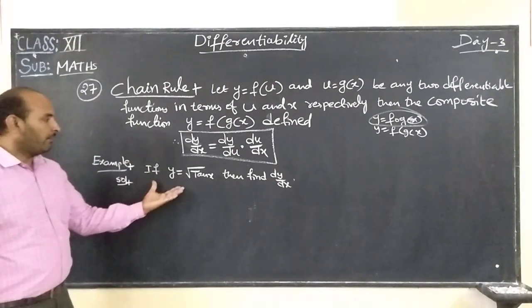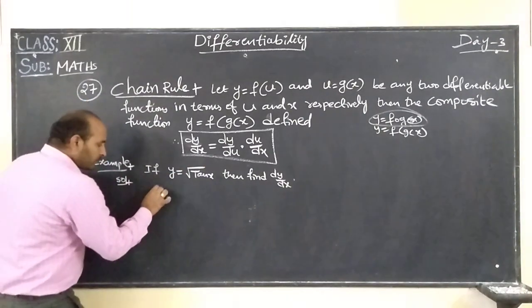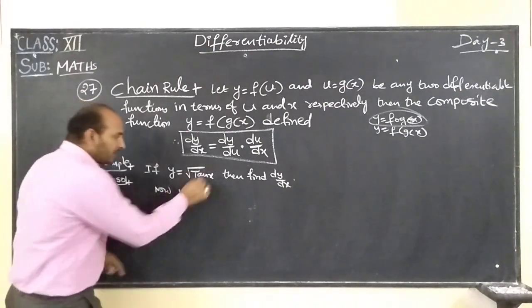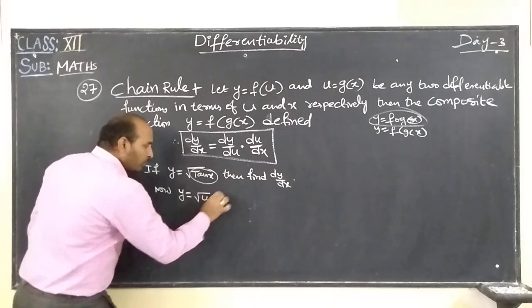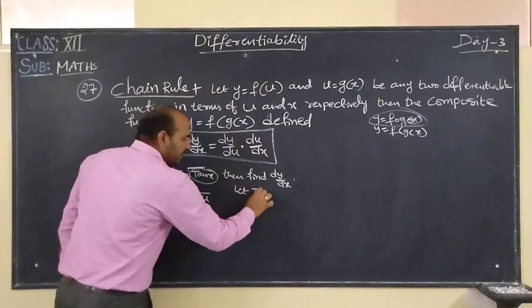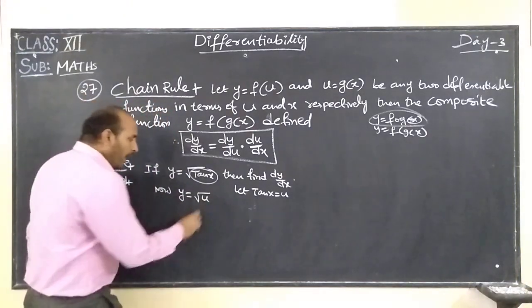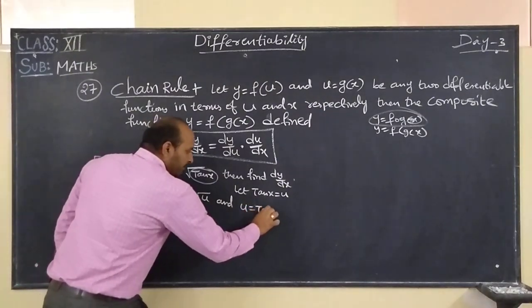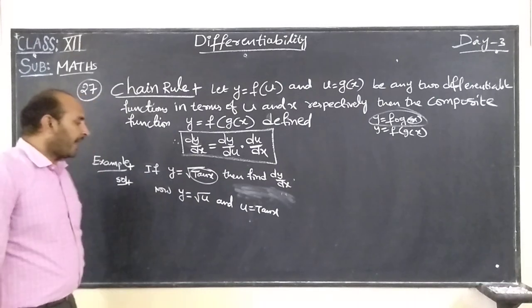Based on the chain rule, we are finding dy by dx. Now, what is the function? y is equal to root tan x. So tan x you can take as u. So root u. Let tan x is equal to u. y equal to root u, and u is equal to tan x.